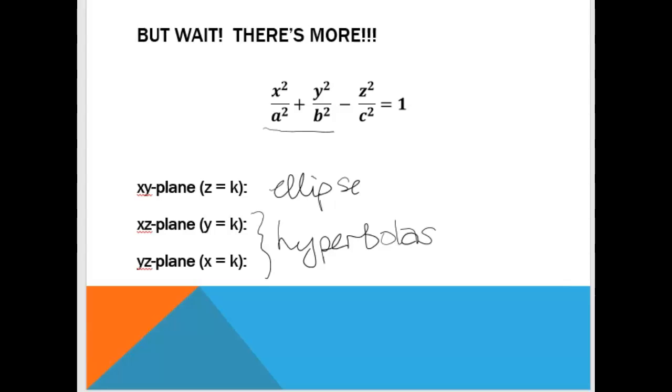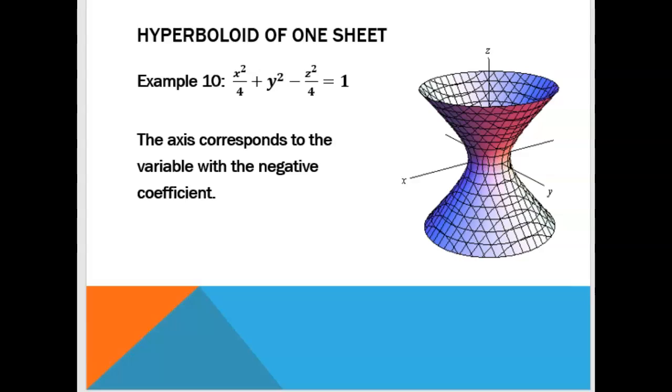Since they're ellipses, I'm not going to have an open figure like I did with the saddle, but instead we're going to get a hyperboloid of one sheet. So hyperbolas in front of you and behind you, and ellipses going around this way. Here we can tell what the axis of symmetry is by which variable is negative. So the z-axis. If I change which one is negative, I change the symmetry.